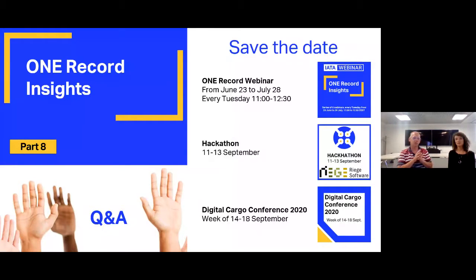Another thing that we're working on, which is coming along beautifully, is a developer portal. A developer portal which has all of the information, which of course will also have access to the GitHub, it will have the sandbox, it will have great tools for exploring the ontology, and basically a one-stop shop. If you want to learn about One Record, if you want to implement it, this is where you'll go.